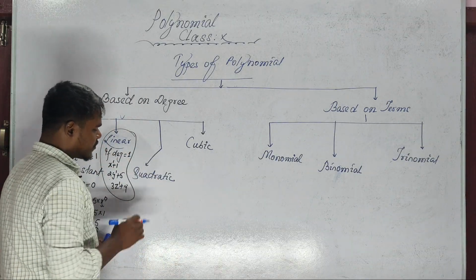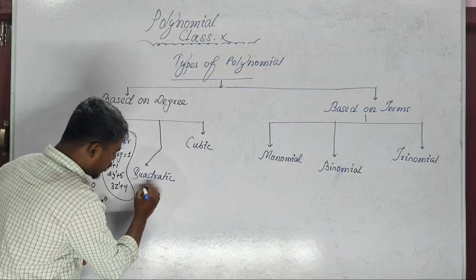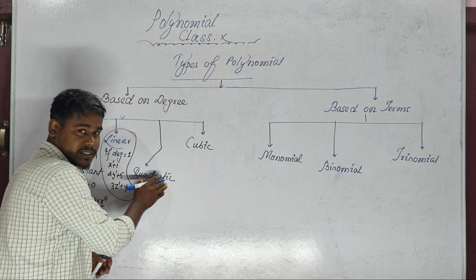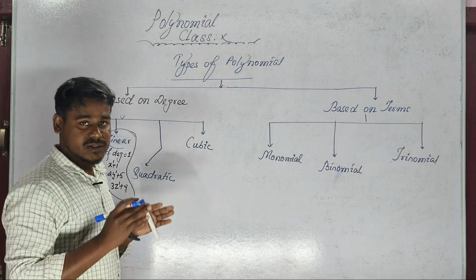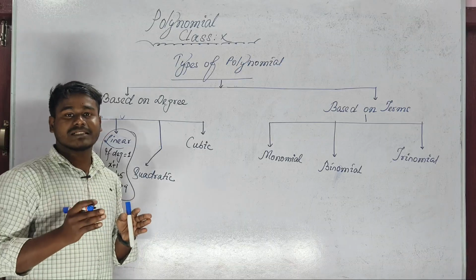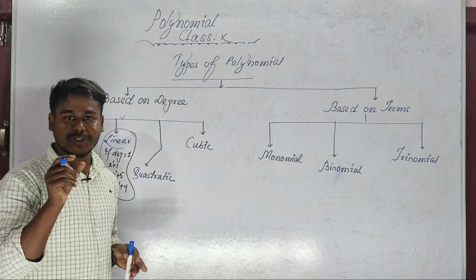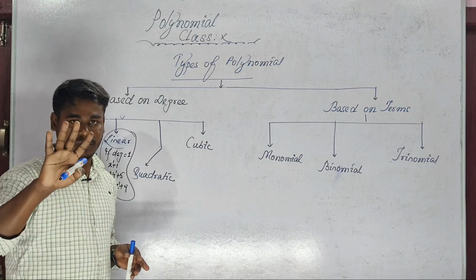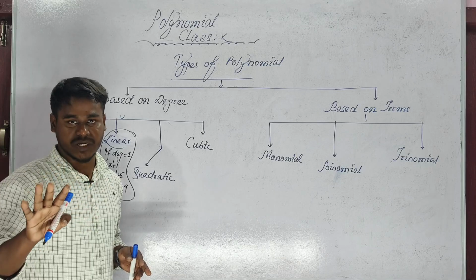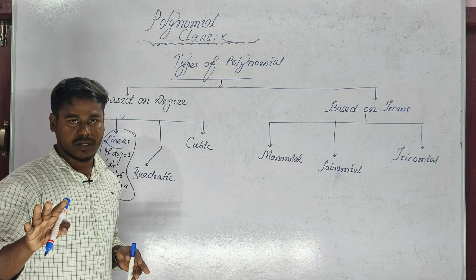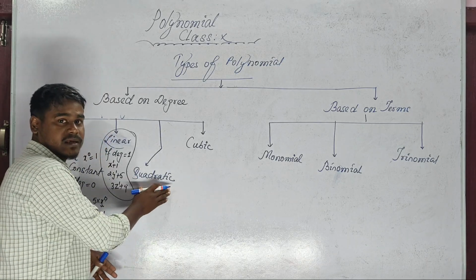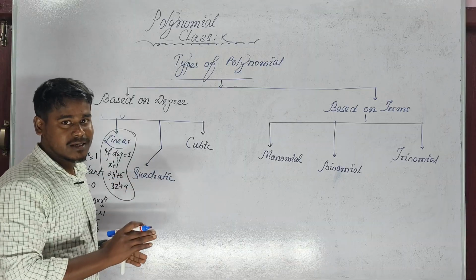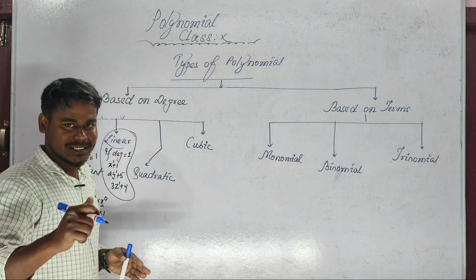Now, quadratic polynomial. Quadratic polynomial is very important, right? In class 10 mathematics, you will get another chapter, chapter number 4, quadratic equation. So why the quadratic polynomial is important, you will understand afterwards. Stay tuned with me.